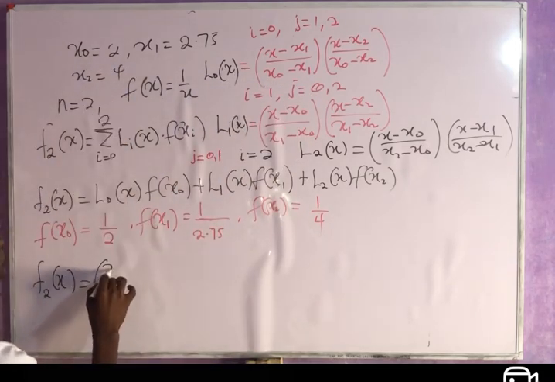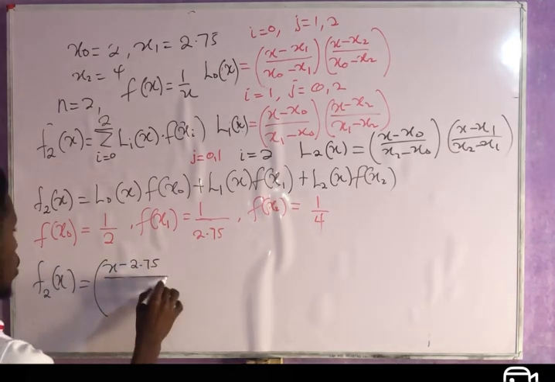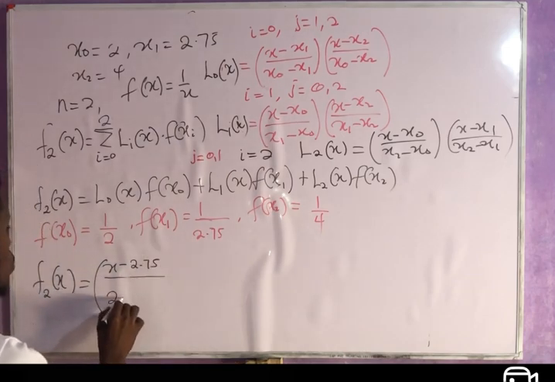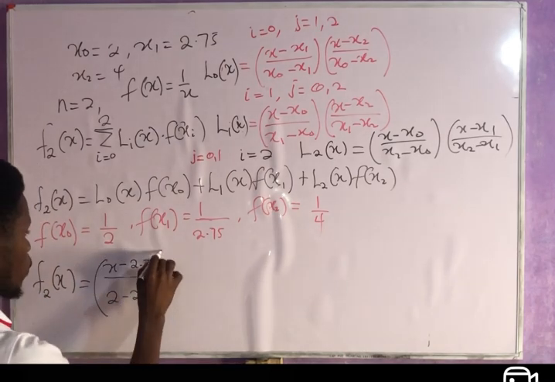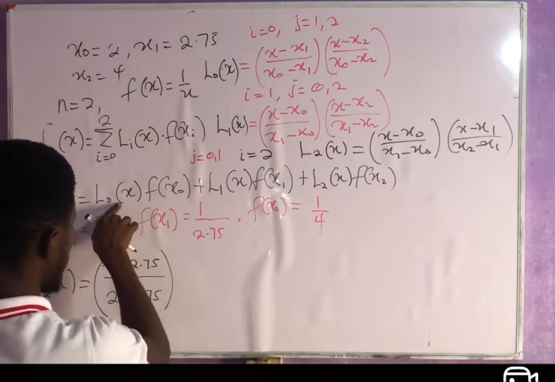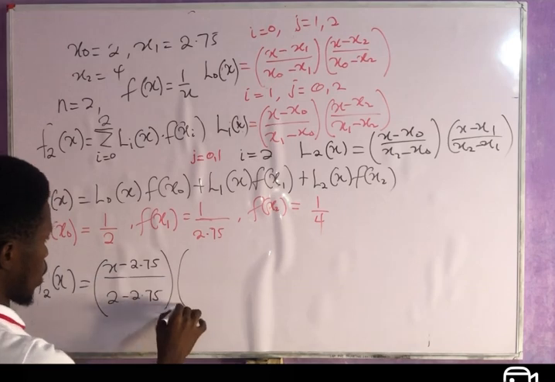Follow it well. x minus x1 is 2.75, all divided by x naught, which is 2 minus 2.75. Okay? And this, there are 2, so I have to bring both again.